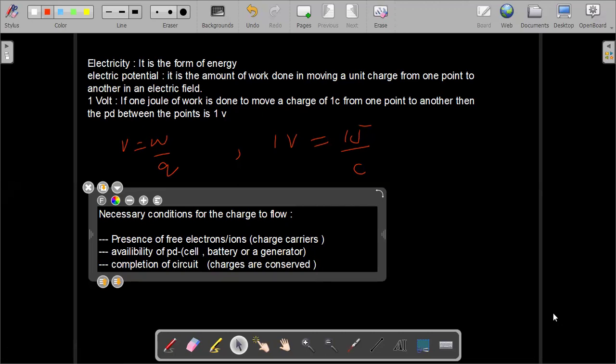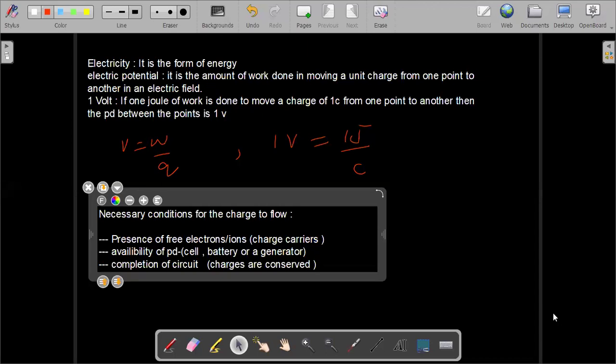If three electrons move out of the negative terminal, there should be three electrons moving into the positive terminal. Suppose three electrons moved out of the negative terminal and only two electrons entered the positive terminal, it indicates loss of one electron. Got it? Whereas charges cannot be destroyed.